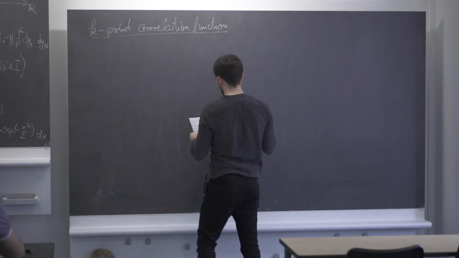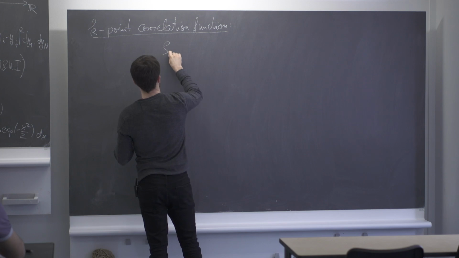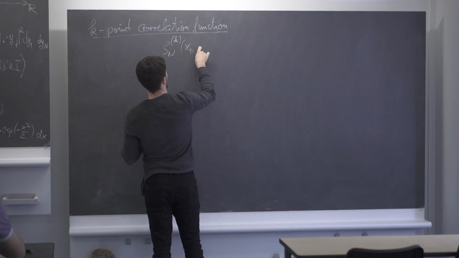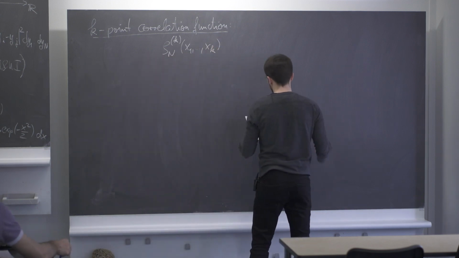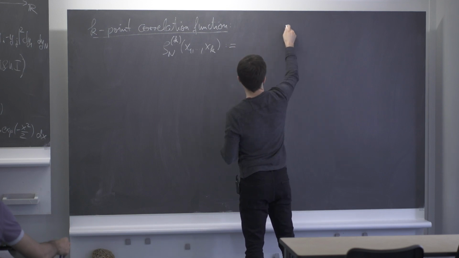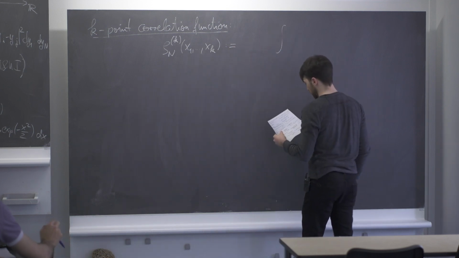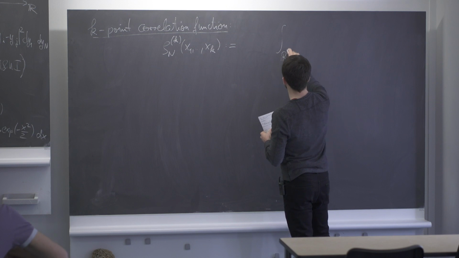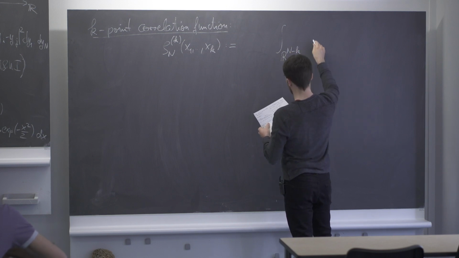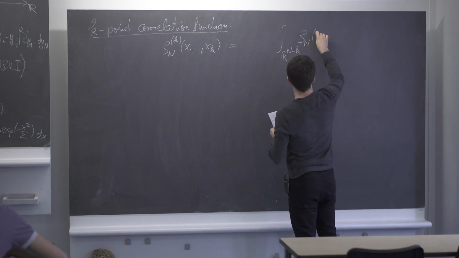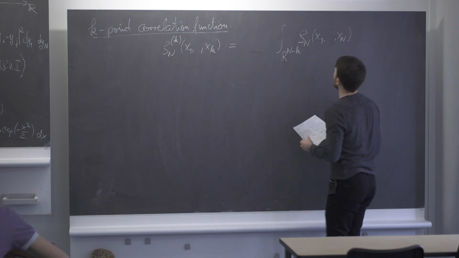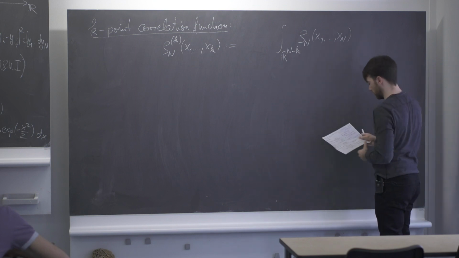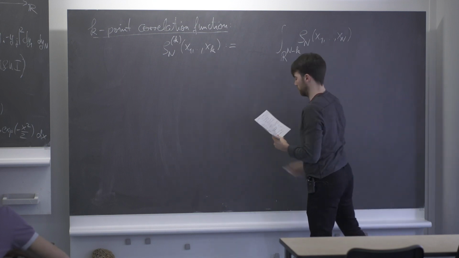And k-point means that you integrate out all but k. So the k-point correlation function has to have k arguments. Then leave a bit of space here. There's some normalization which we'll fix in the end. So how will we do it? We take the density rho_n, which has n arguments, and then we integrate all out but k of them.